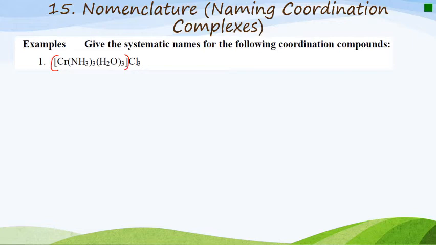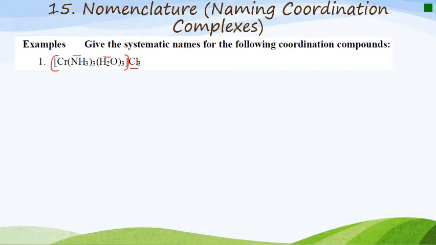And everything inside the square brackets is called the inner sphere complex, which I've already explained to you. The chlorides are outside of the coordination complex, and the ammonia ligand, this is the ammonia and this is the water, they are inside the coordination sphere.